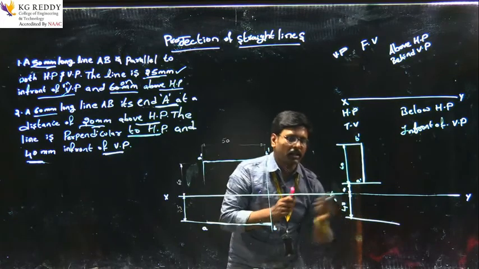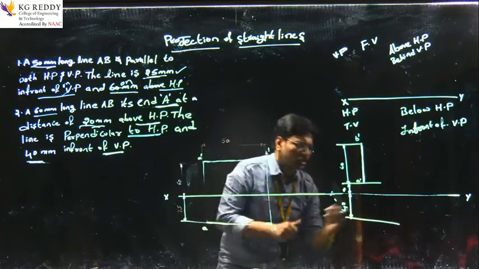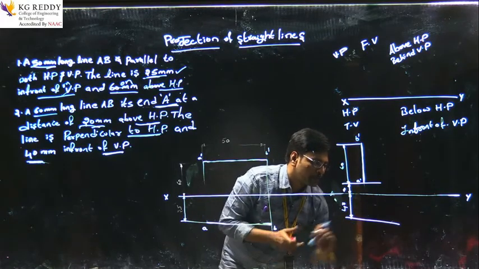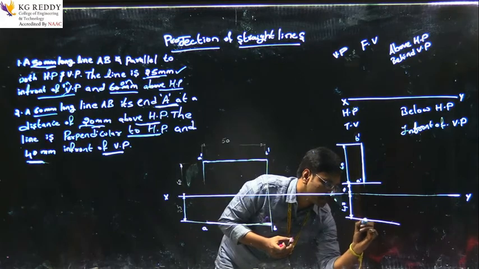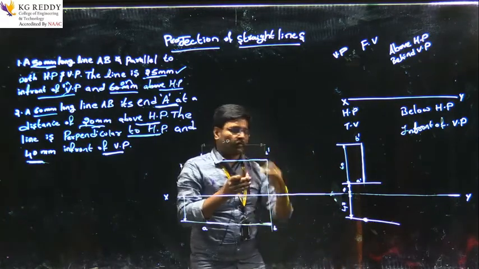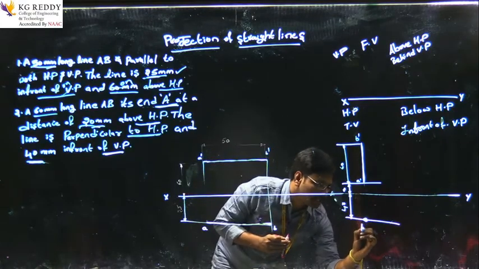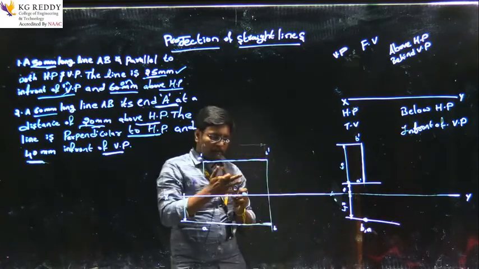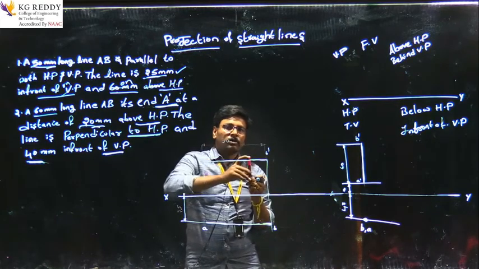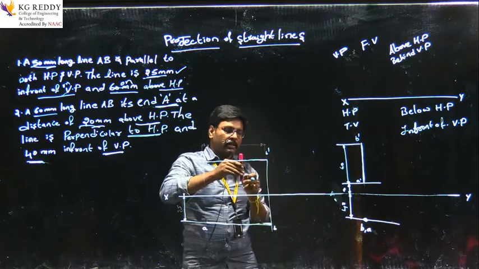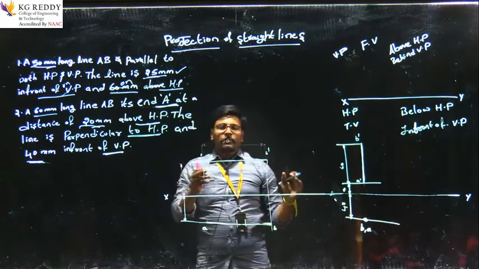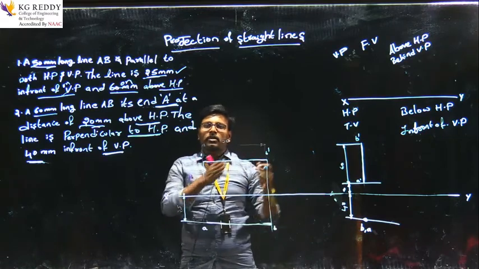Here it is a projection line, it must be very light, guys. Here is the point we see in the top view. This is B comma A, because point B is at the top, so B first, next is A. This is a point B. This is the concept of a line perpendicular to the horizontal plane.